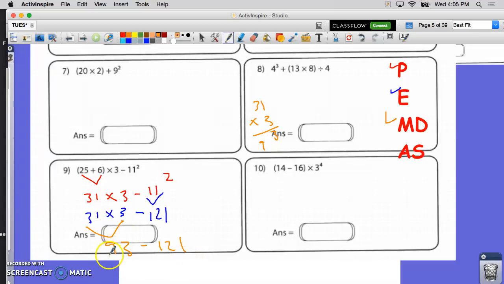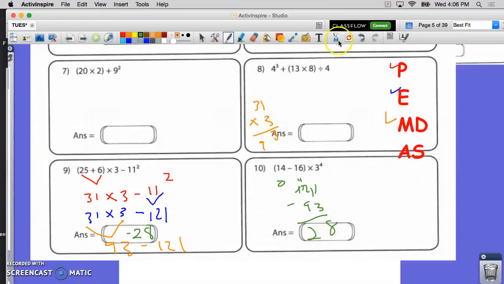Notice my front number is smaller than the number I'm trying to take away. So I'll automatically know that my answer is going to be negative. And then what I'm going to do is take 121 minus 93. I'm going to have to borrow from here, make that 0. Answer here, negative 28.